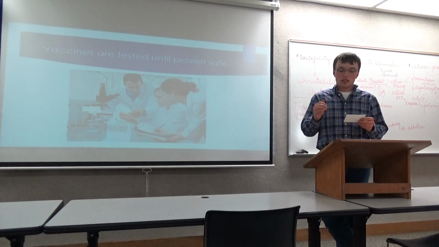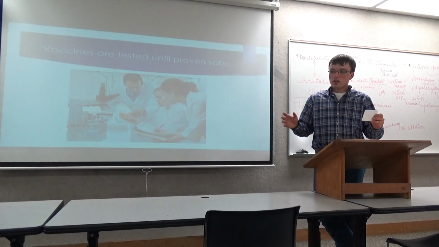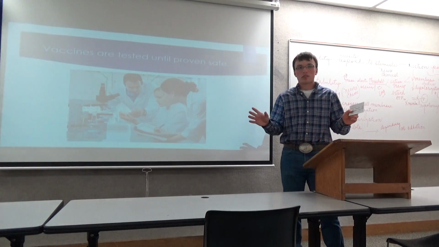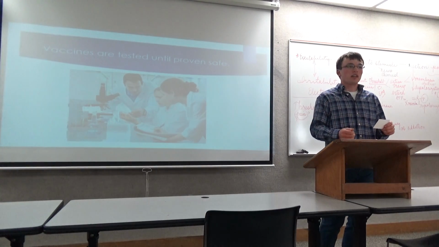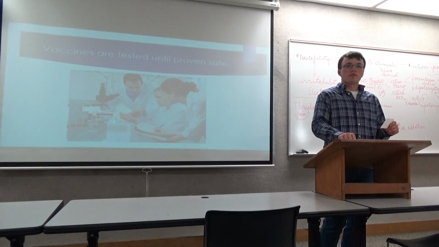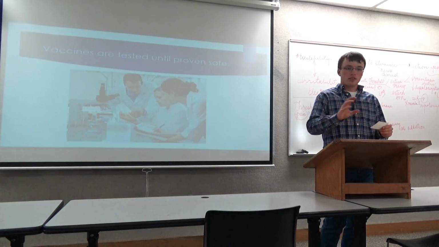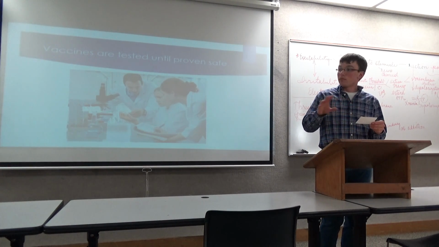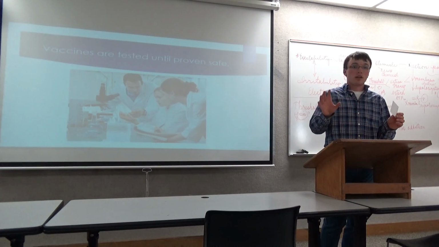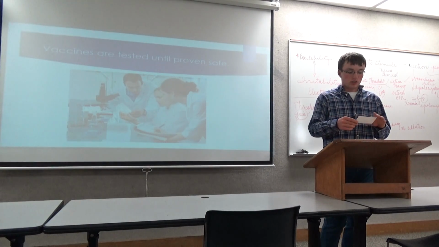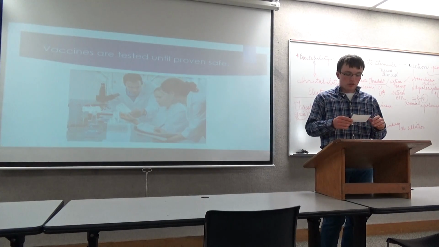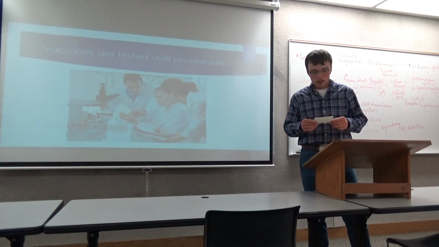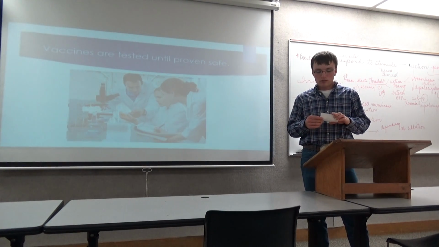Then in the next stages, you give it to a wider variety, but still under the select. In the select people, they look for health and fitness and age, everything that would fit well. And then in the next stage, they give it to thousands of people, and they closely monitor and watch reactions to that.